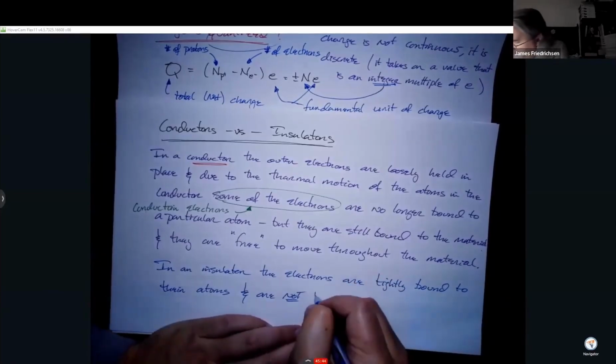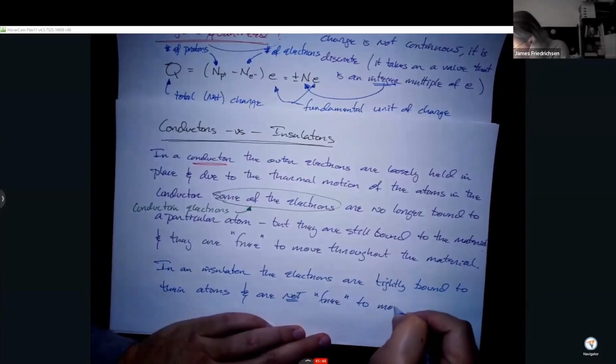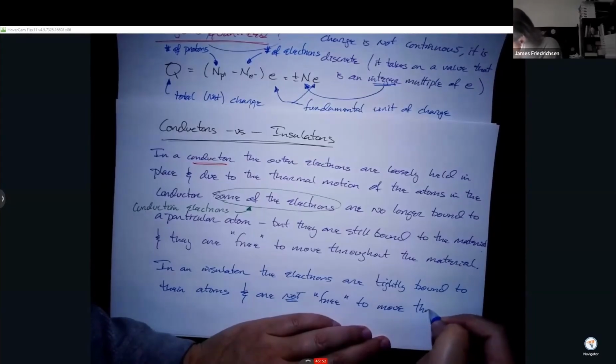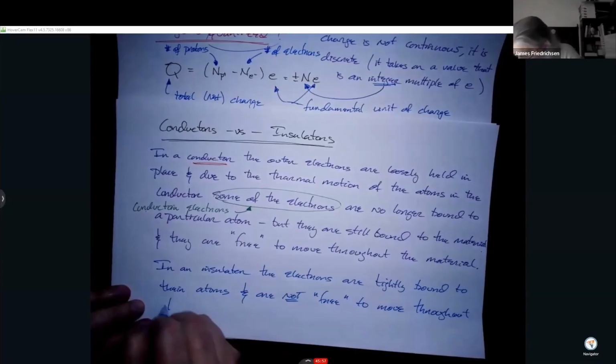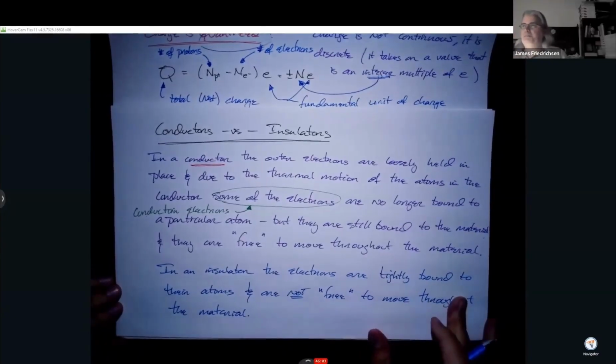And these ones are not free to move throughout the material. Basically, bound in place.